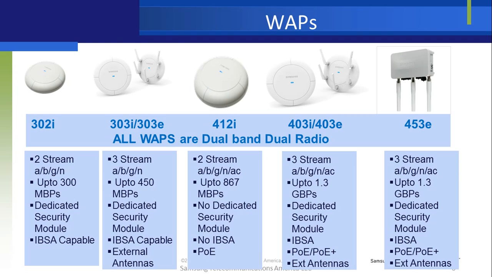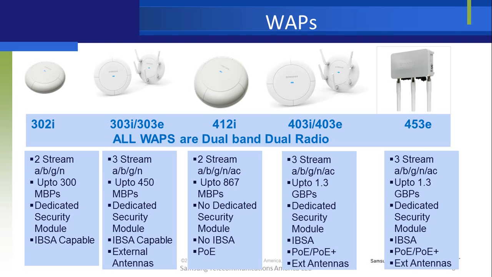So the 412i is the next in the lineup, and from the 300 series we move on to the 400 series now. We're talking about a two-stream ABG and AC capable access point that does up to 867 megabits per second. Again, it has no dedicated security module, so that's why it's a 412.